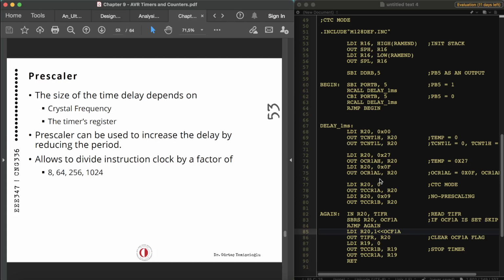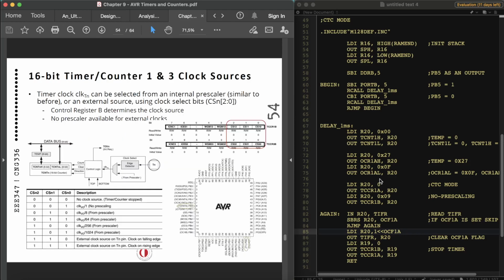We can make these modifications. In the 16-bit timers like timer 1, 3, we have these clock sources, CS12, CS11, and CS10, which you can use as prescalers, or you can also use external clock source pins.